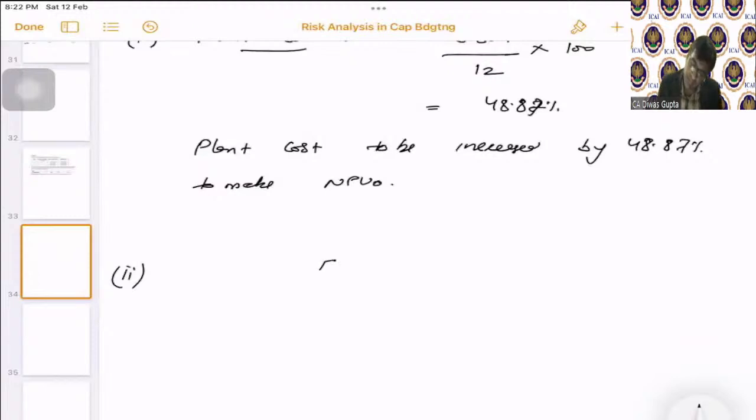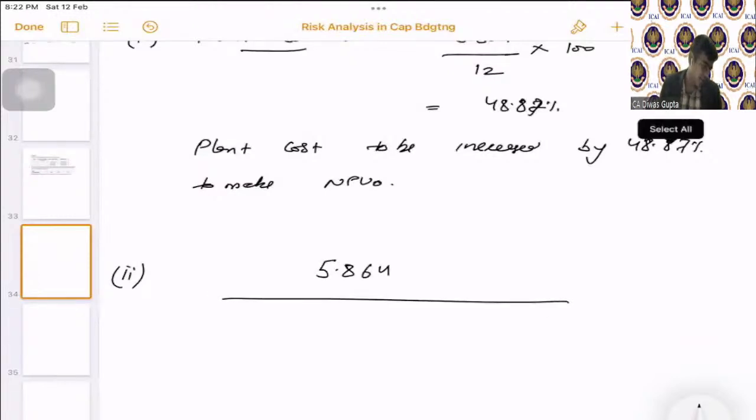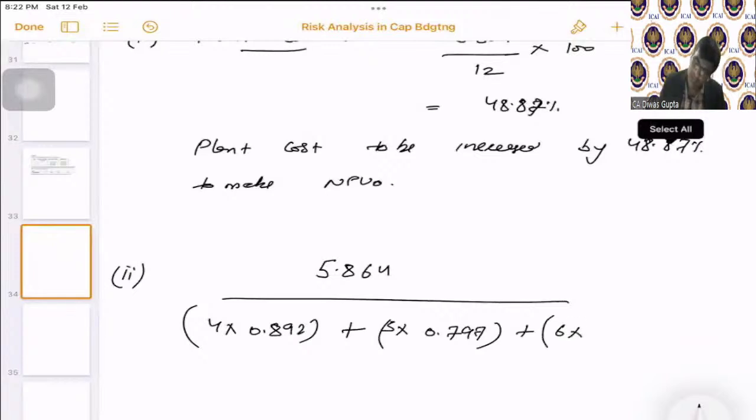In the second part, it is asking for the running cost. Now, how will running cost be calculated? 5.864 divided by the running cost for the first year, and the factor for first year is 0.892. Running cost for the second year is 5, factor is 0.797, plus running cost for the third year is 6 multiplied by 0.711.